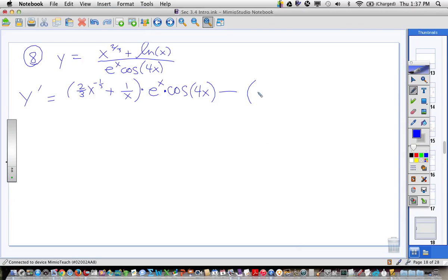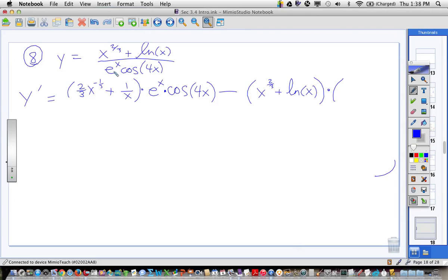The top left alone has to be in parentheses, times the derivative of the bottom. What do you got to do for the derivative of the bottom? Product rule. So I've got the top left alone, and now I have to do the derivative of the bottom.